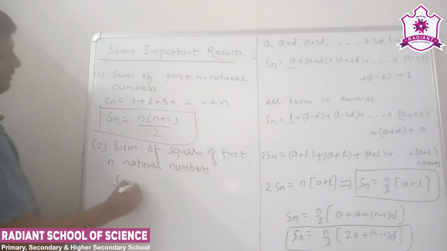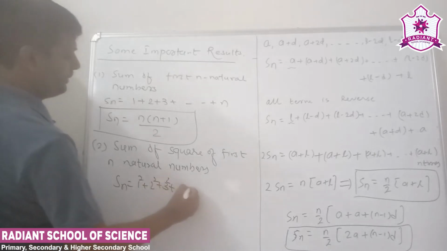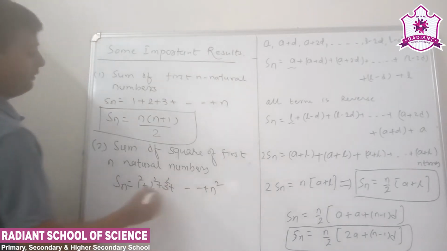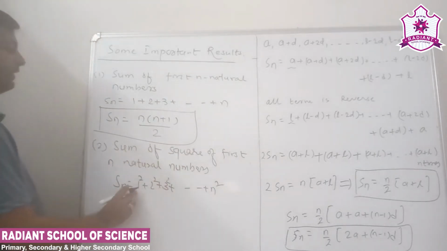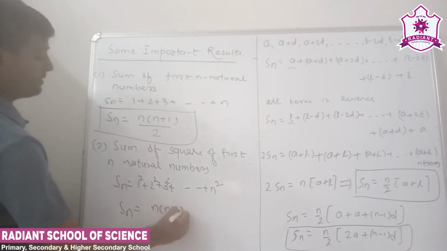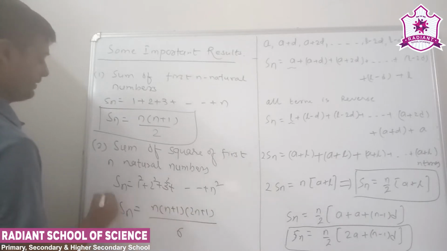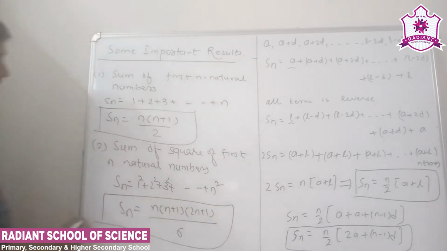So Sn is equal to 1 square plus 2 square plus 3 square plus up to n square. We write it starting from 1 so that you can easily apply this formula. So here it is n into (n plus 1) into (2n plus 1) by 6. Also helpful, this one.